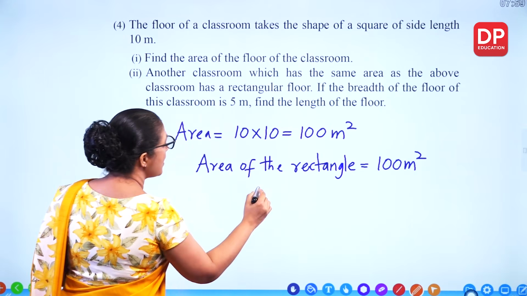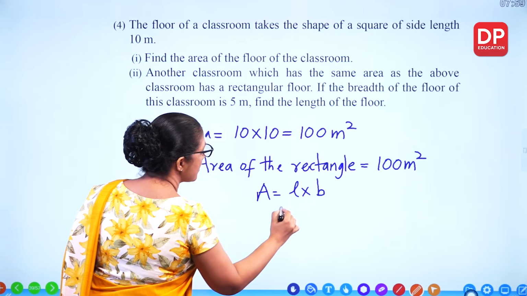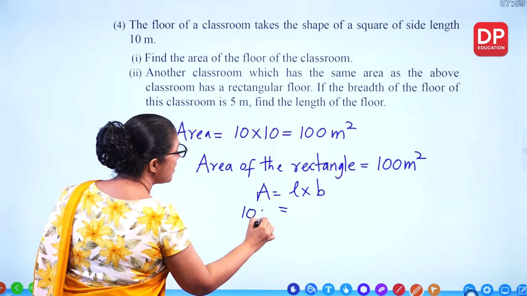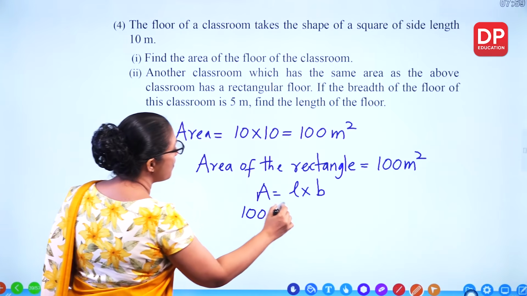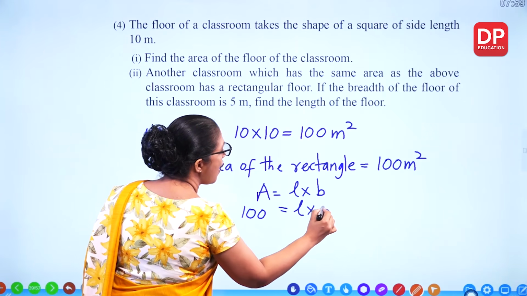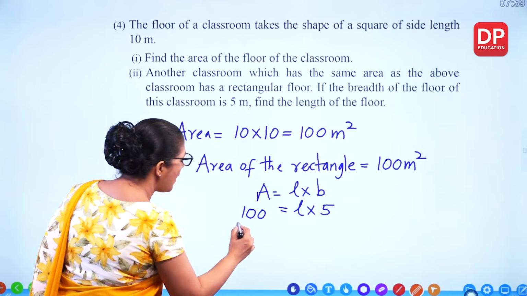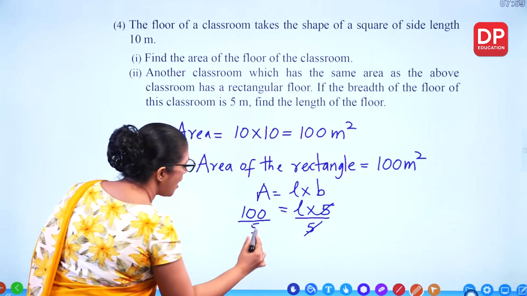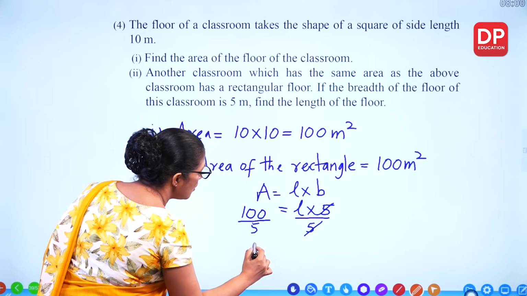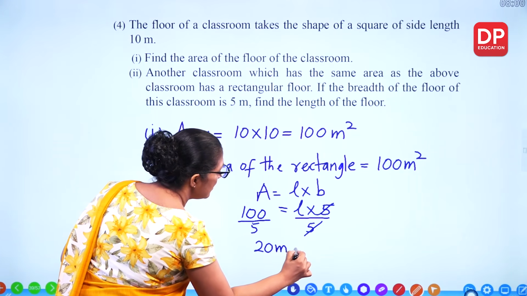So we can write area is length into breadth. Area is 100. Length you need to find out. And the breadth is given, 5. So how do we find the length? Divide both sides by 5. 100 divided by 5. You get 20 meters for the length.